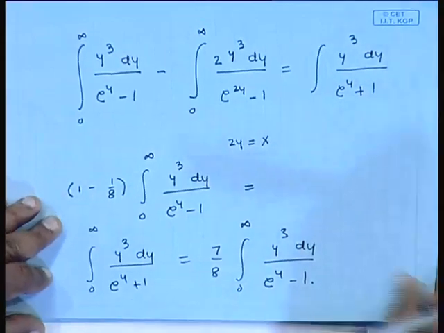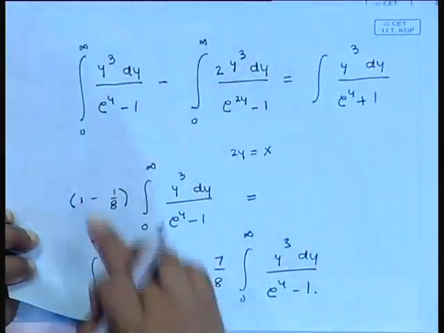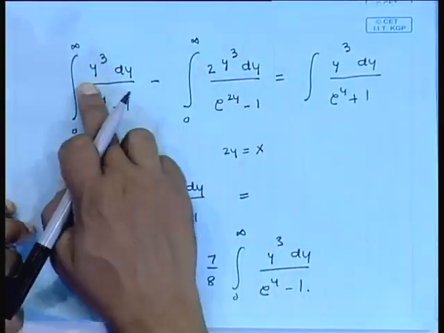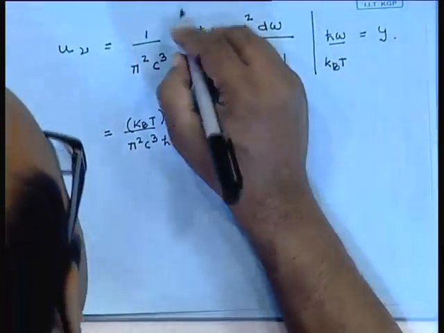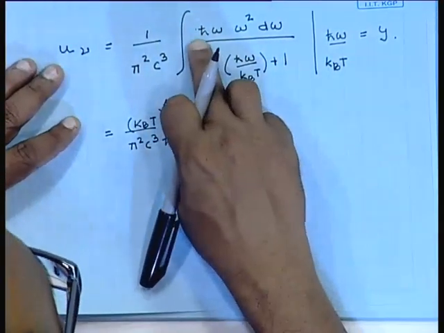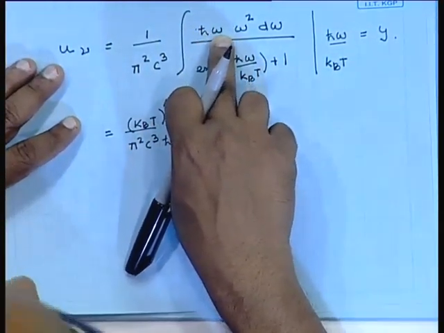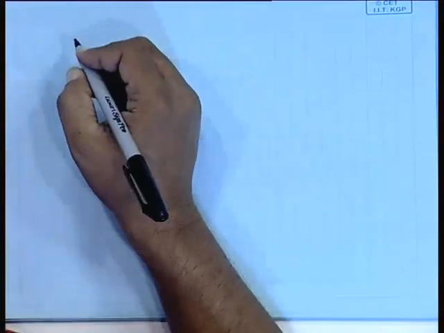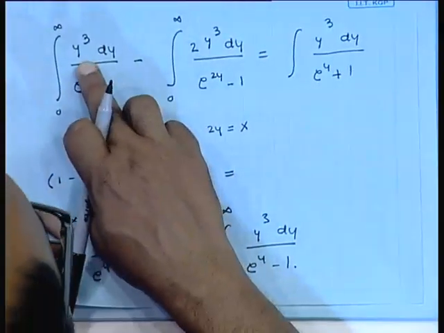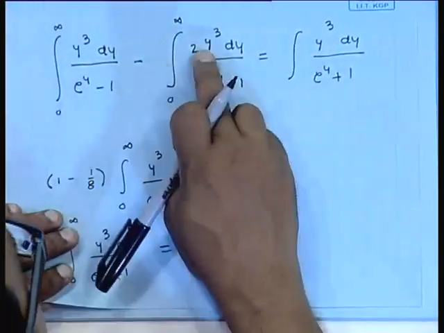Okay. Similarly, let us also at the same time work out the integral that we get when calculating the number density. When calculating the number density, instead of y cube, there will be y square. Let me just show you the expression and it will be clear. When calculating the number density, in the integral here, we will not multiply by this factor h cross omega. If I do not multiply by this, then I will get y square. So, for number density, the integral that I require is y square into this, not y cube.